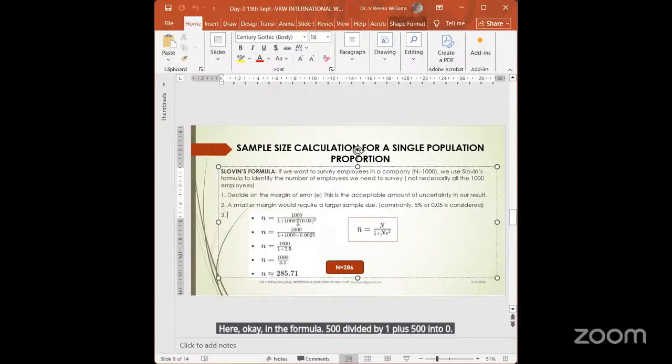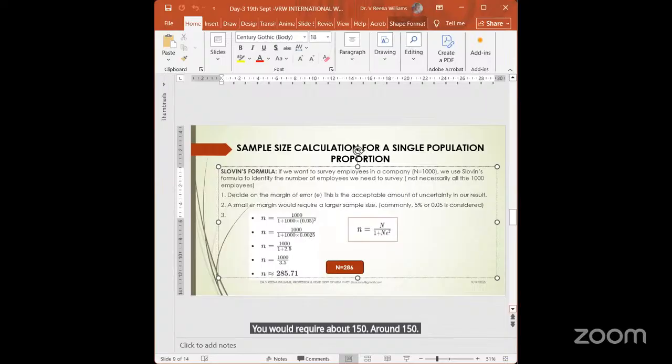I took 0.05 because I've given the margin of error as plus or minus 5, that is 95% confidence. So you can use this formula. Roughly it will be around 286, or if you put it as 300, you would require about 150.